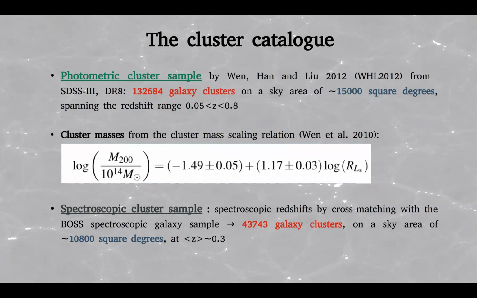And we did it by cross-matching with another public catalog, which is the BOSS spectroscopic galaxy sample. So all the data are public in this case, and we arrived at a sample of this number, 43,743, in a reduced sky area of this size, and this is the mean redshift.